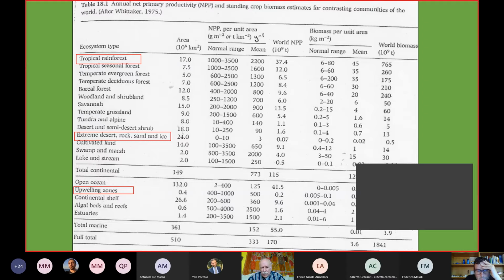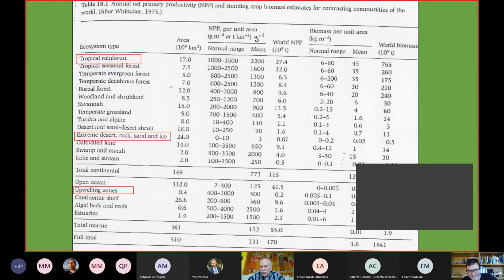Now, if you look at the next column, the mean of the biomass, you see actually that 45,000 grams, 45 kilograms, produce in a year about 2 kilograms.